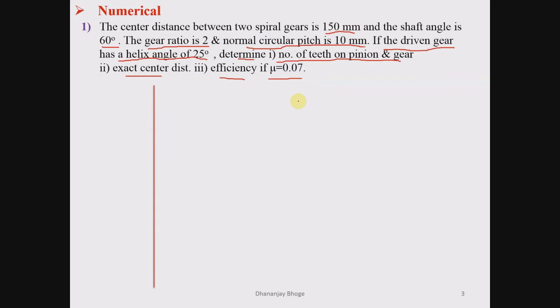So write this down quickly. This is your numerical number 1 for spiral gears. Read the problem statement carefully.